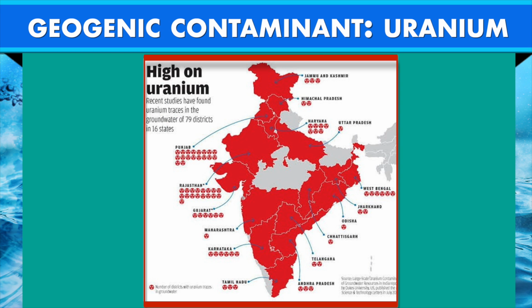The localized occurrence of uranium in groundwater has been reported from Andhra Pradesh, Telangana, Chhattisgarh, Gujarat, Haryana, Himachal Pradesh, Jharkhand, Karnataka, Maharashtra, Odisha, Punjab, Rajasthan, Tamil Nadu, Uttar Pradesh, West Bengal and Jammu and Kashmir.